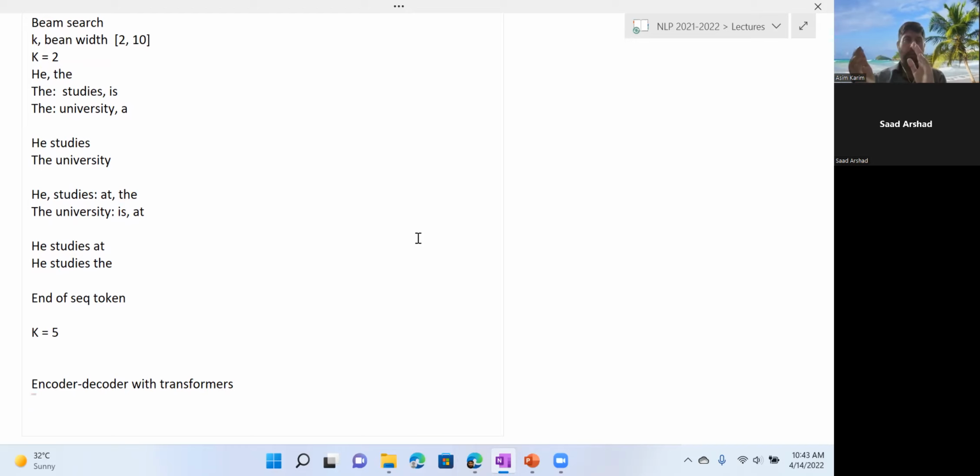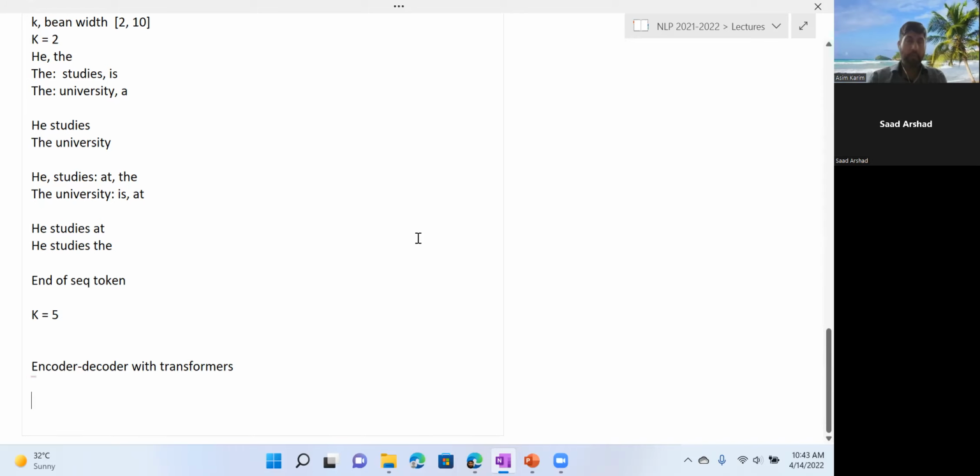As I said, the lengths might be different, but in a transformer usually the lengths can be the same. I think I didn't mention this before: a transformer needs to have a fixed input size. Unlike an RNN, where you can feed in a sentence of 200 words or 5 words or 20 words, in a transformer you need a fixed input to the network. Otherwise, those matrix operations will not work.